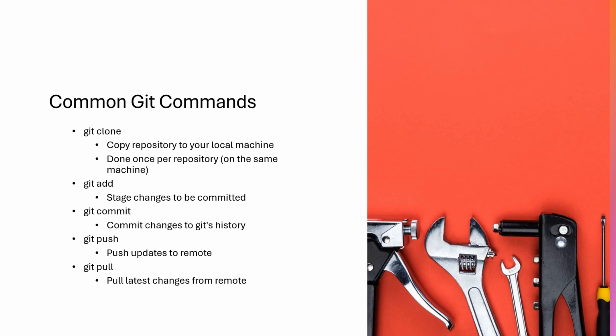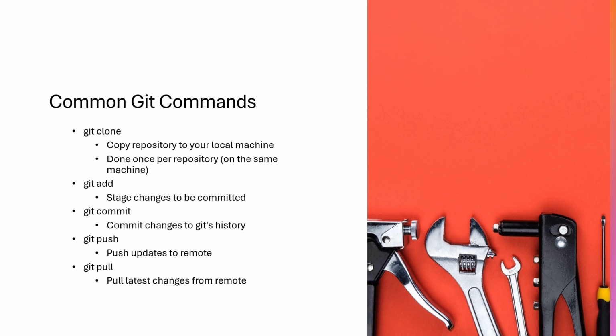Starting first, the clone command. The clone command is used to make a local copy of a remote repository onto your machine. That is, you can copy from the repository that's in GitHub, GitLab, Bitbucket, or in your local data center onto your machine where you're creating that local repository.